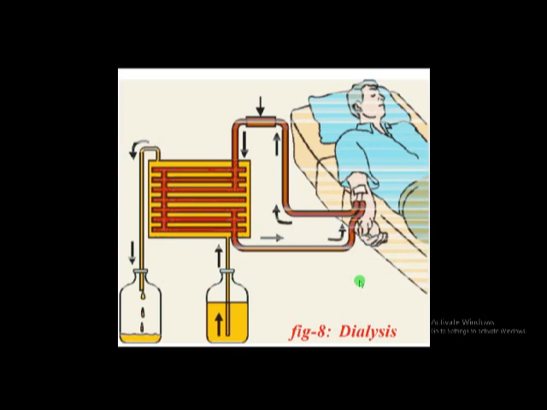Here in the dialysis process, first blood is collected from the body like this, and to the blood doctors add anticoagulants like heparin, and the blood is collected from an artery, and the blood is sent into the dialysis machine. That's called dialyzer.